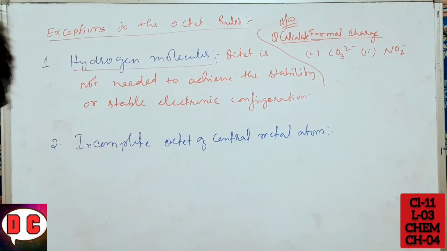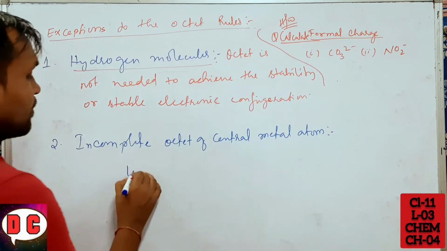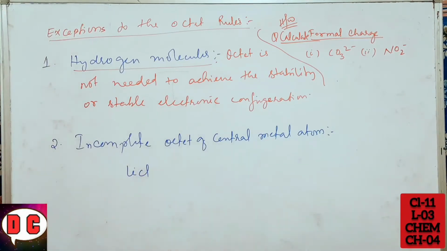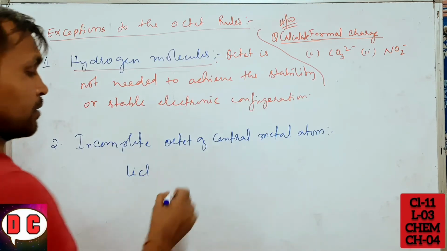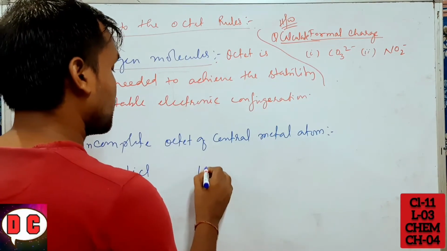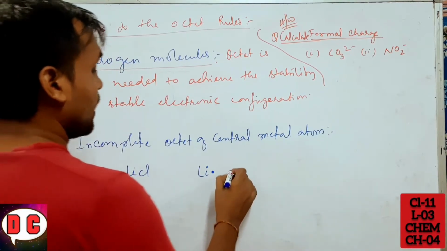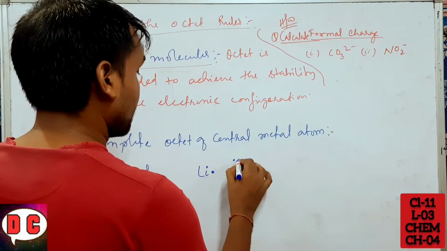For example, LiCl. Lithium has 3 electrons, and in the outermost shell it has only 1 electron. If you draw the Lewis symbol of lithium, it will be like this, and the Lewis symbol of chlorine will be like this.